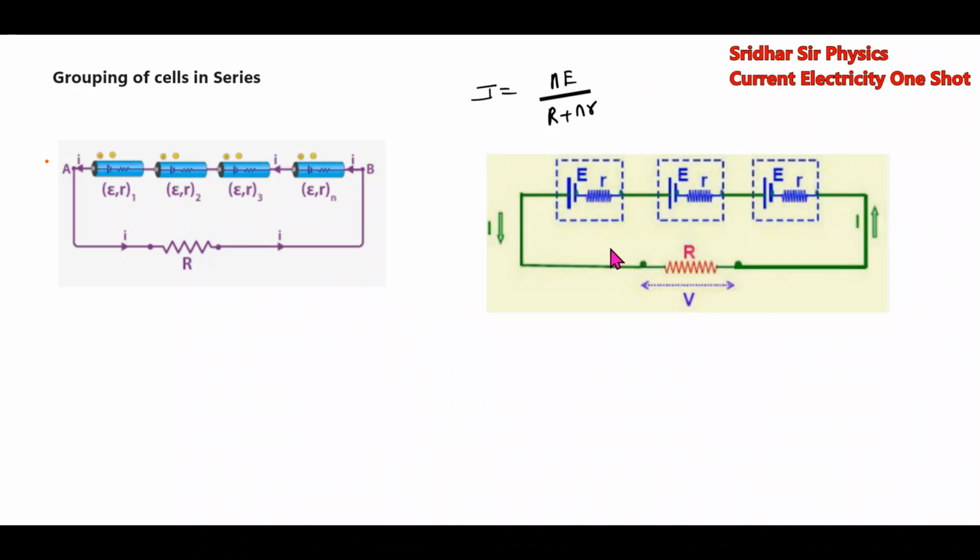This is the expression for the current I. Then the drop across the external resistance is V equal to IR, so this becomes nER by R plus nr. This is the drop across the resistor.